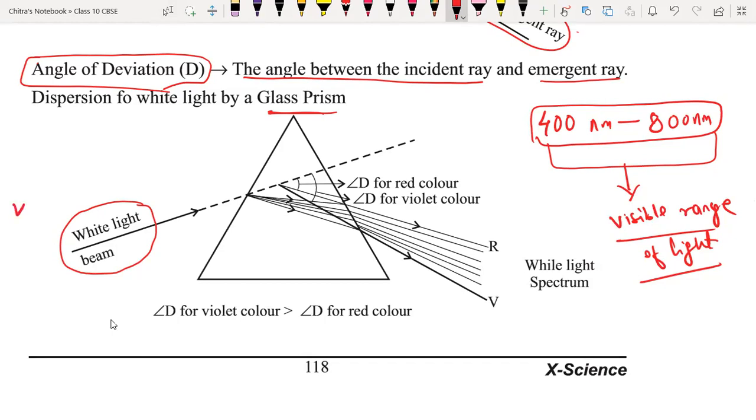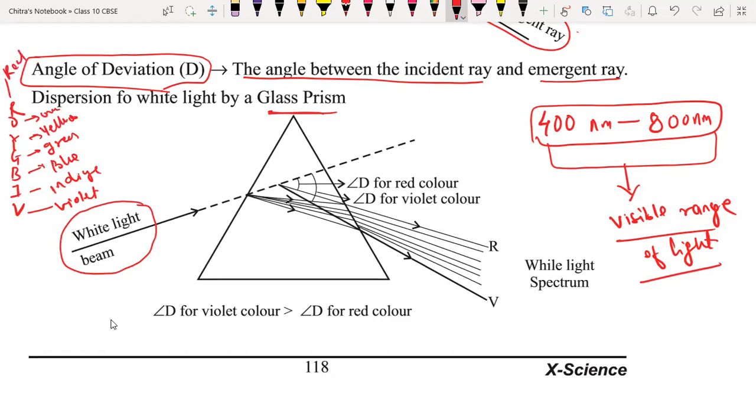VIBGYOR. V is violet, I is indigo, B is blue, G is green, Y is yellow, O is orange, and R is red.